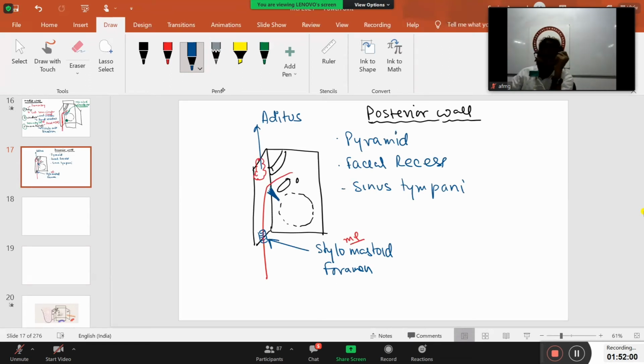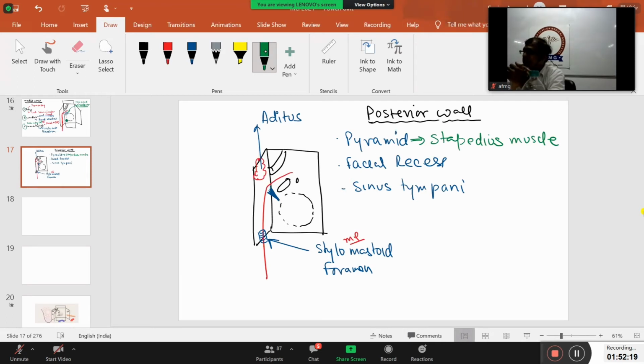But why is the pyramid so important? The pyramid is important because a muscle arises from here. Which muscle? Stapedius. The pyramid gives origin to the stapedius muscle. That's why the pyramid is important.